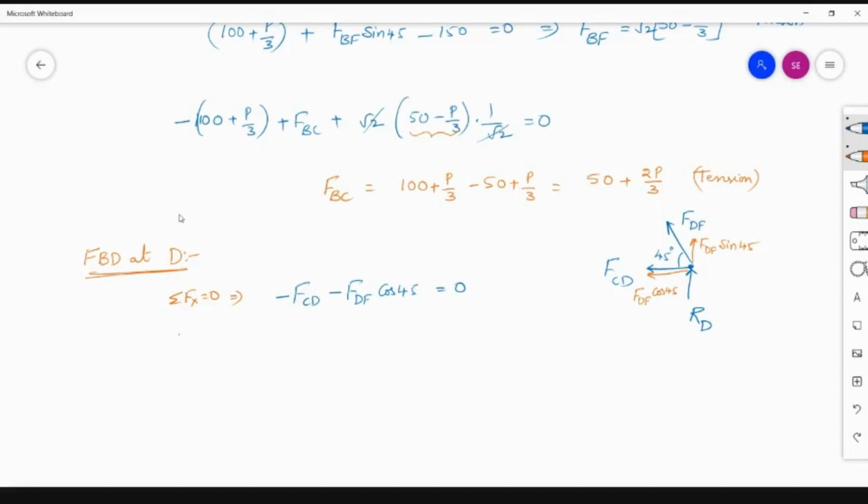And writing down the equation of sigma Fy equal to 0: plus FDF sin 45 plus RD equal to 0.